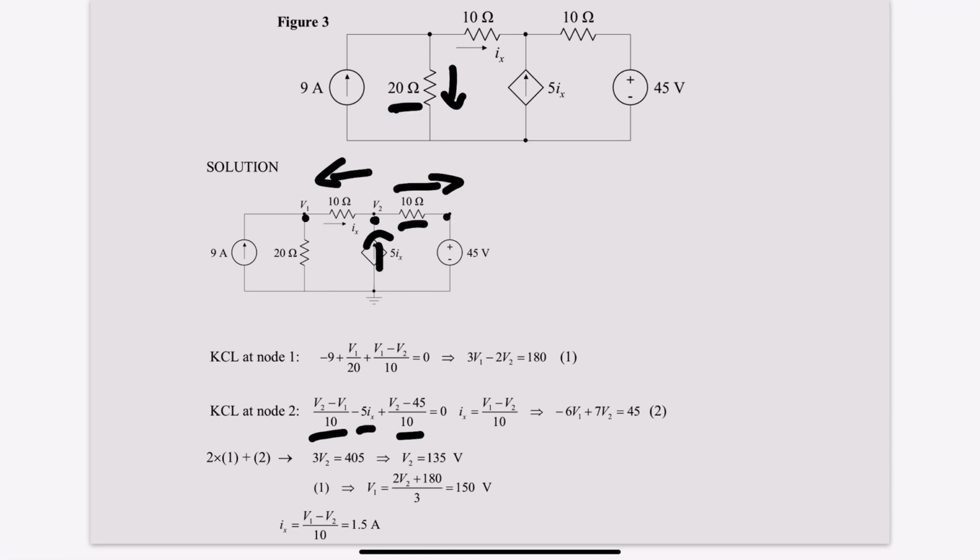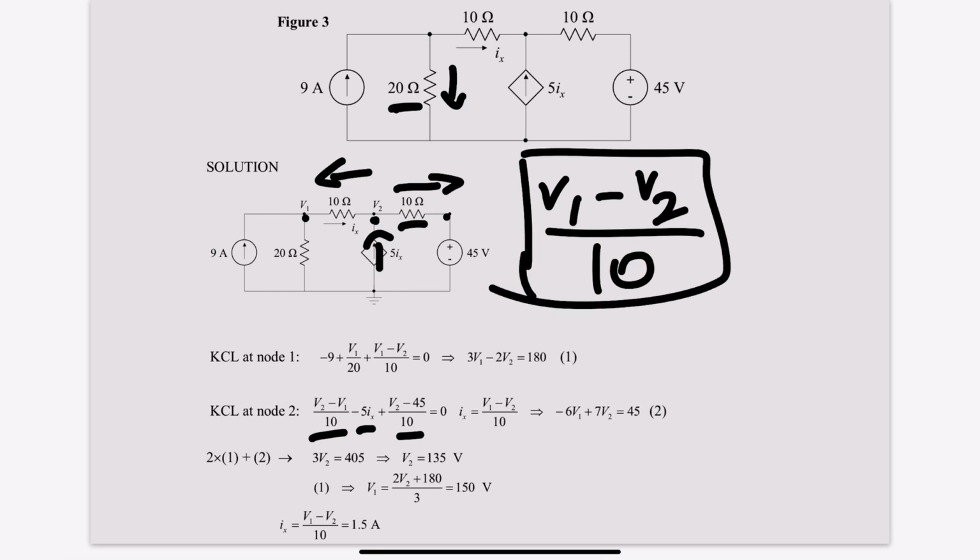We're going to have to replace Ix by, as we know, Ix was V1 minus V2 over 10, as we had first mentioned. We're going to replace this into Ix down here. So we have V2 minus V1 over 10 minus 5(V1 minus V2) all over 10 plus V2 minus 45 over 10 equals 0.